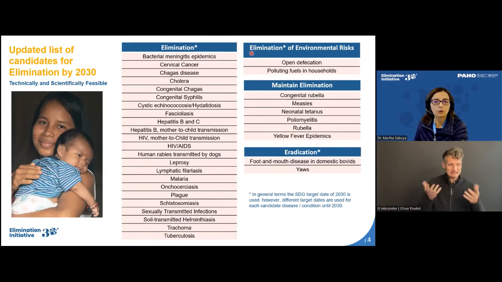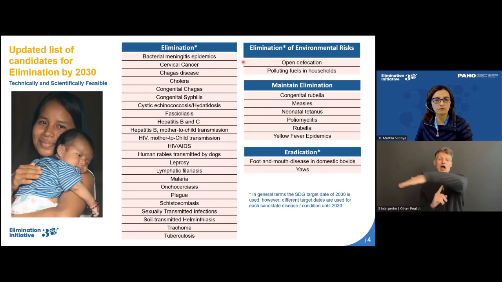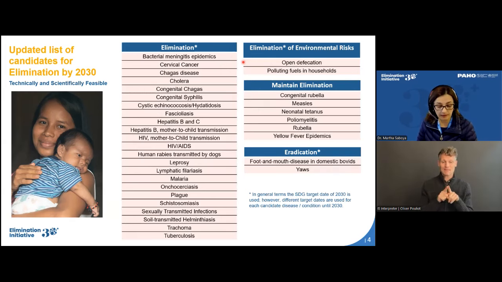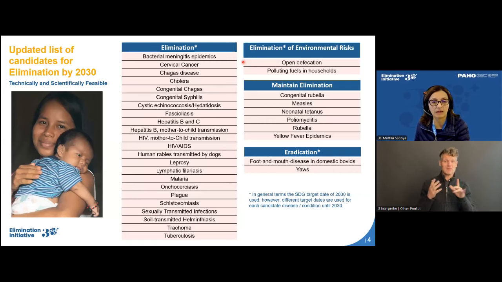In the case of the second group, we have 2 environmental risks: open defecation and the use of polluting fuels in households that are targeted for elimination in the region of the Americas. The third group is an important group in which the entire region has achieved the elimination targets and it is key to maintain and protect those achievements through the implementation of specific actions, such as vaccination, and strengthened surveillance to detect any reemergence and respond immediately to those risks.